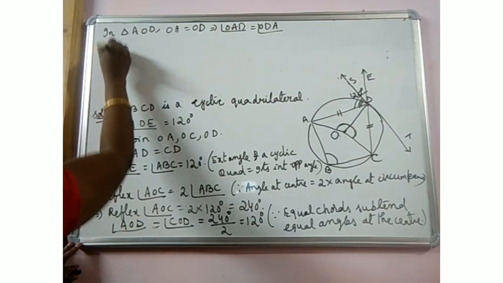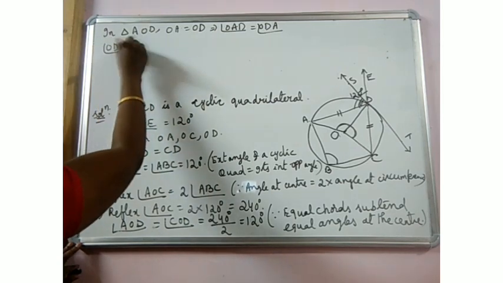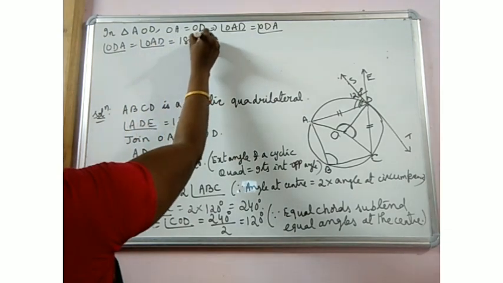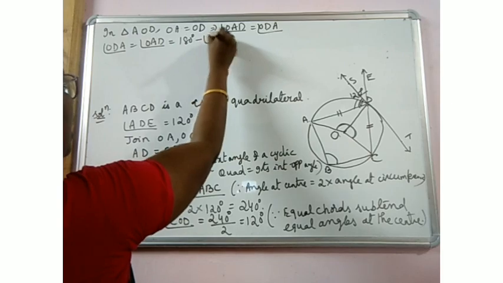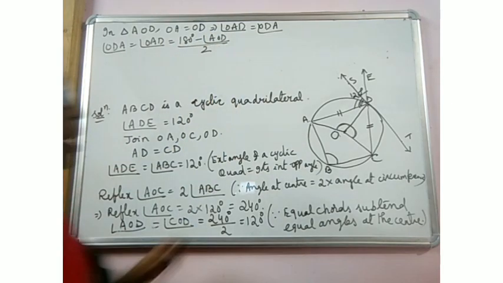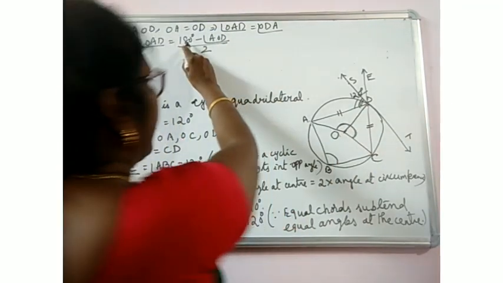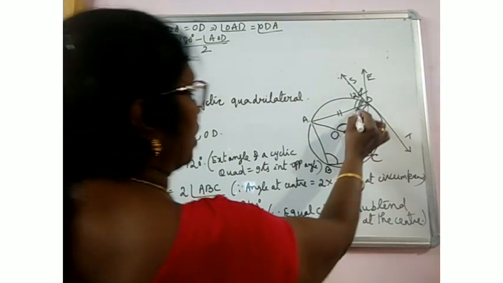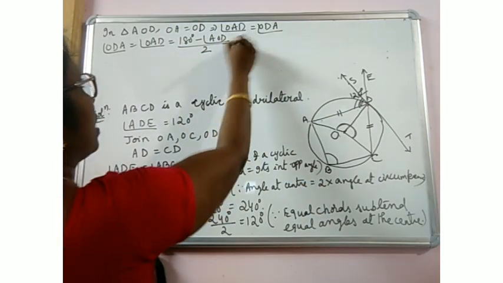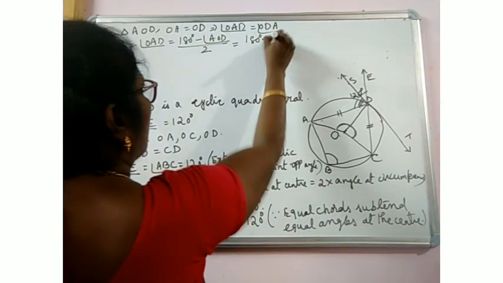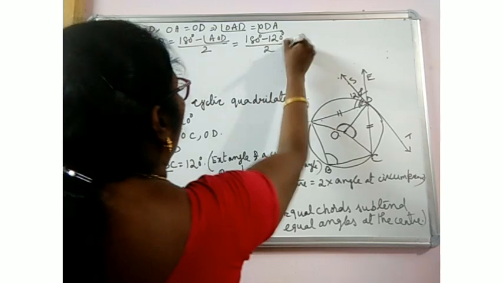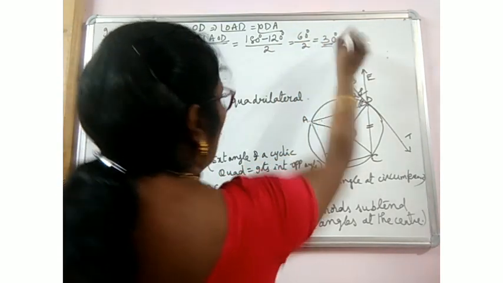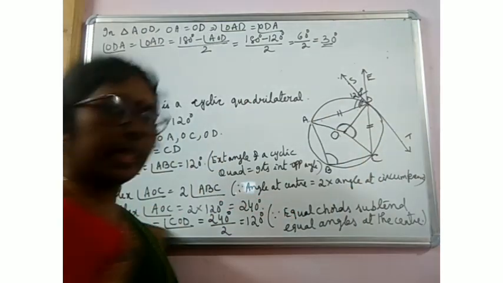So, angle ODA is equal to angle OAD, equal to (180 degrees minus angle AOD) by 2, since the sum of three angles of a triangle is 180. That is (180 minus 120 degrees) by 2, that is 60 by 2, which gives you 30 degrees. So we got angle ODA as 30 degrees.